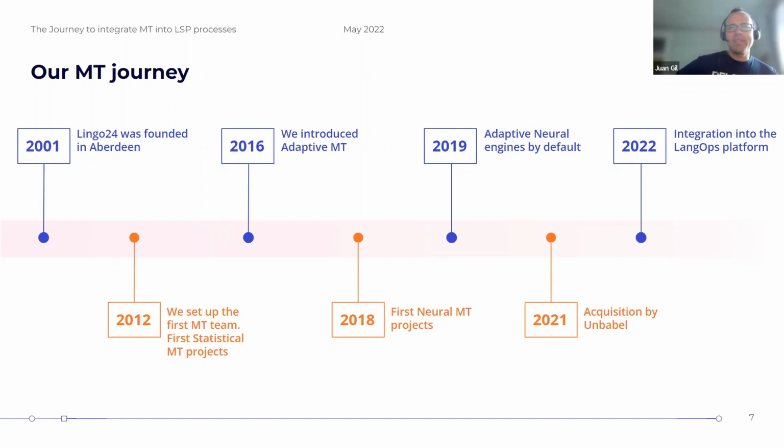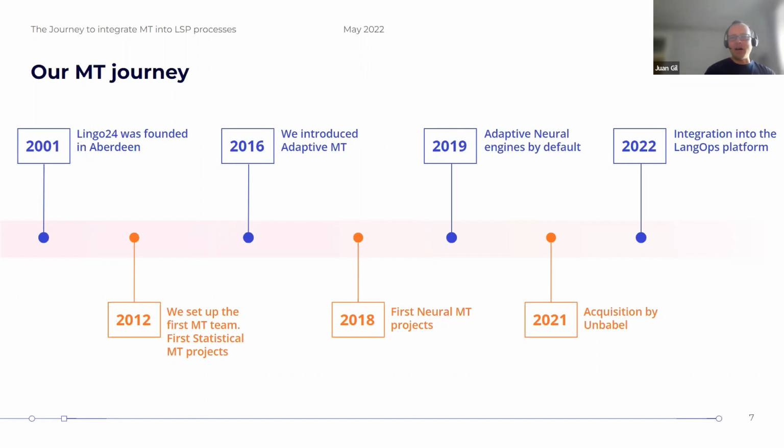Now, in that first period, 2012, 13, 14, 15, we were good, but I don't think we can say we were successful at all. So we did a lot of pilots. We had a lot of rejection from translators and clients because I don't think at the time anyone was prepared for this MT journey.